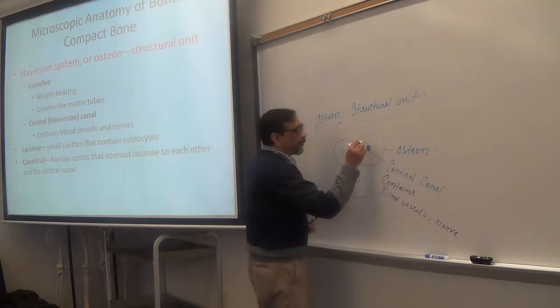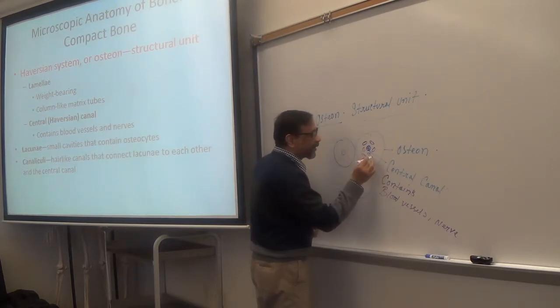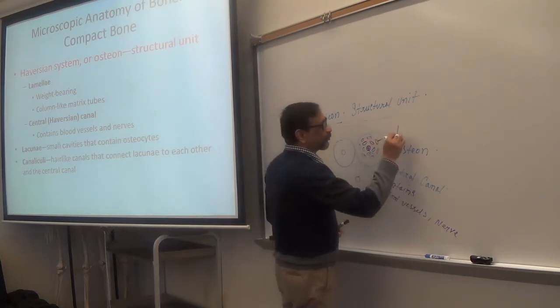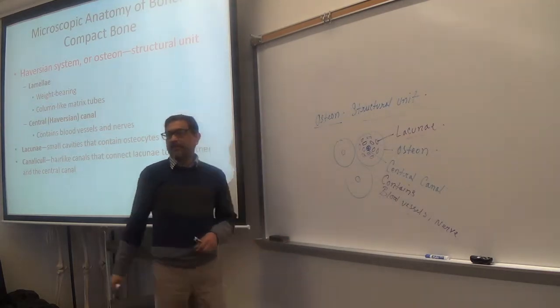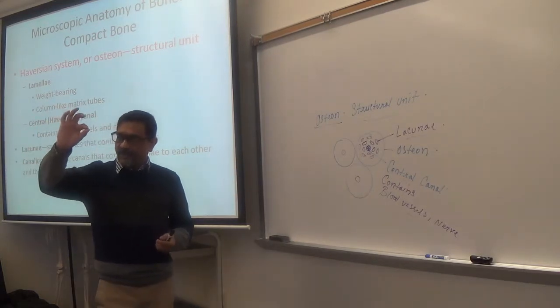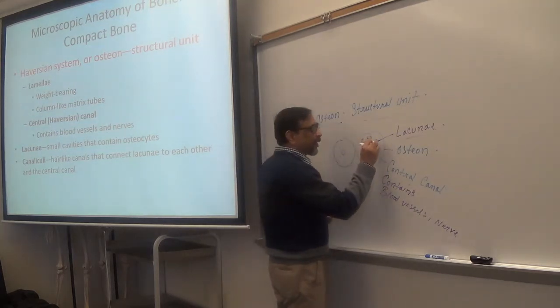Then around the central canal you have lacunae, tiny cavities. Those are called lacunae. Lacunae are small cavities like this. Tiny cavities. And inside the lacunae you have the bone cells. Those are called osteocytes. You already know.